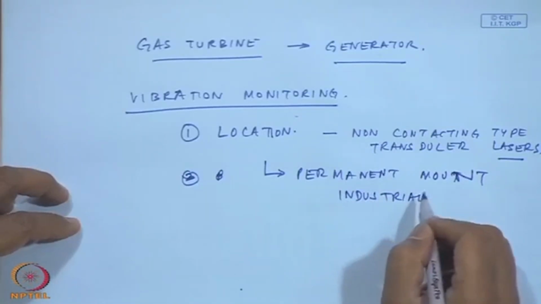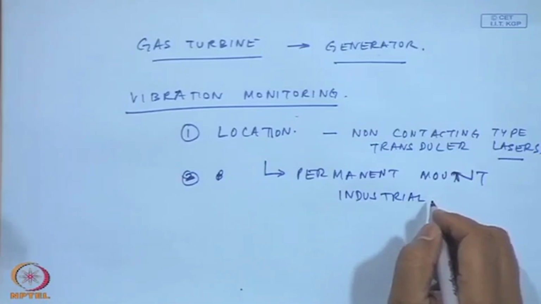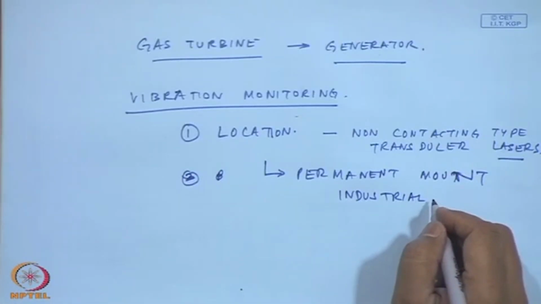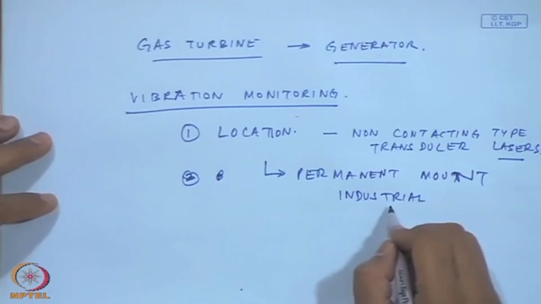By industrial, I mean the same accelerometer, but very robust, which can be subjected to high levels of acceleration, which can be subjected to high temperatures, and they can be permanently mounted.